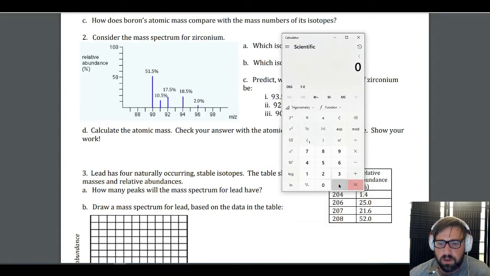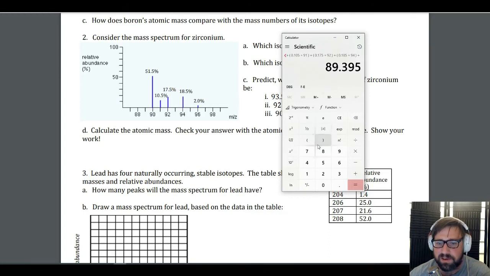So 0.515 times 90 plus 0.105 times 91 plus 0.175 times 92 plus 0.185 times 94 plus, ooh, maybe it is 90.